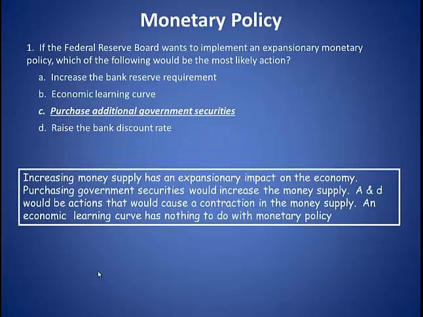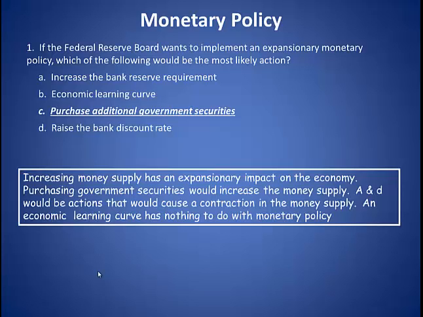Number one, C, would be purchase additional government securities through their open market operations. Again, increasing the money supply has an expansionary impact on the economy, and purchasing government securities would increase the money supply. If we take a look at A and D, those would be actions that would cause a contraction in the money supply.